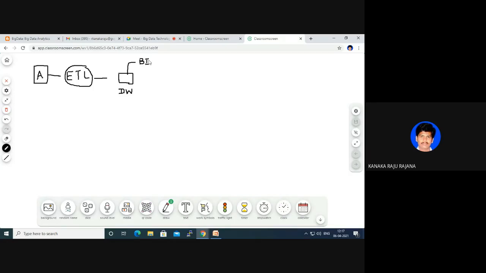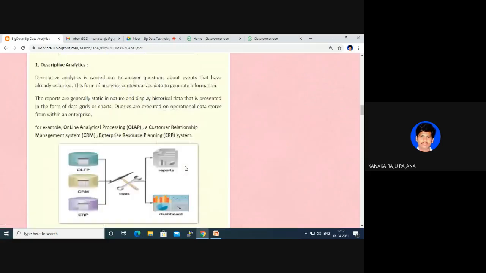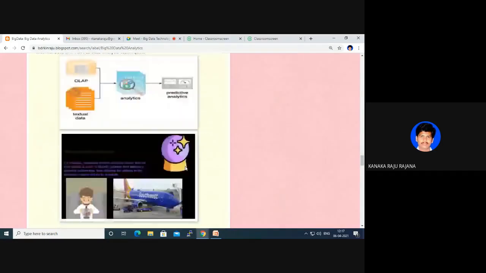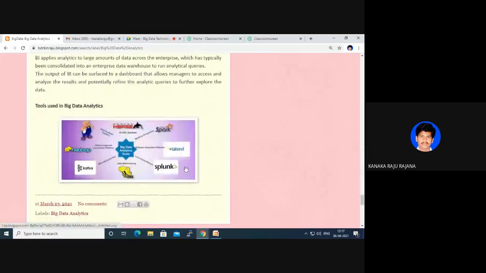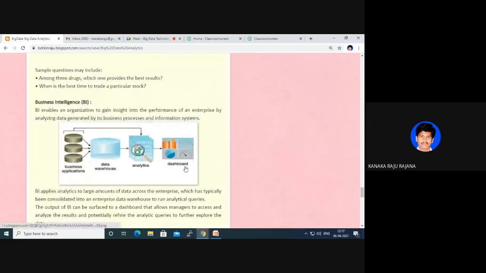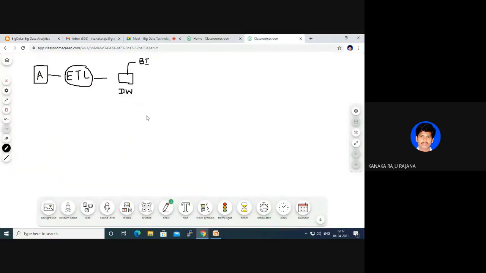After learning all the four major phases, we came to a conclusion of business intelligence. This is what we analyzed in our last class. At the end, we came to a conclusion of using this stage, which is the most important stage, called business intelligence. Now in this business intelligence, what exactly is the system going to perform?